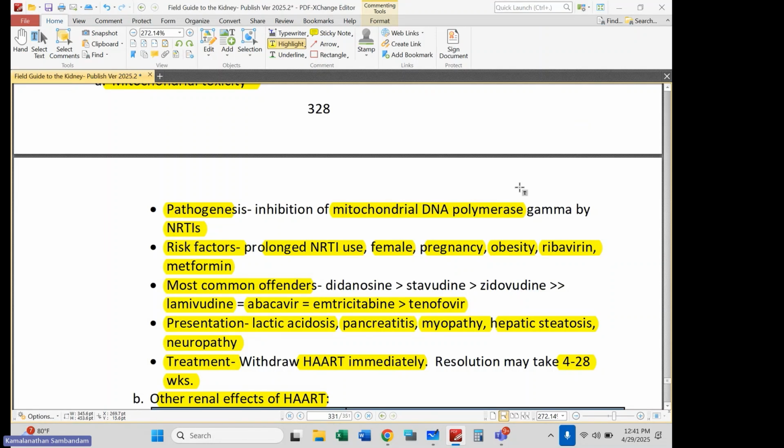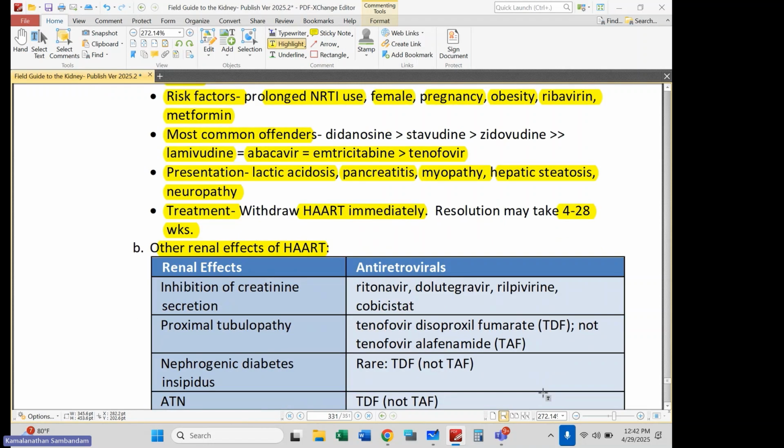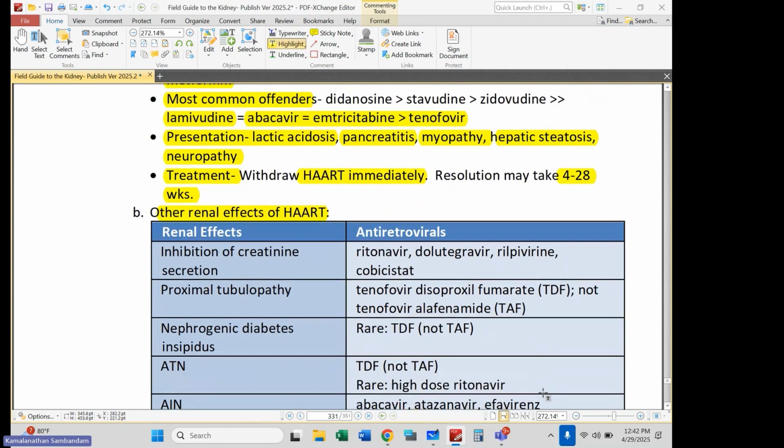And so just stopping the HAART therapy does not immediately restore normal mitochondrial DNA synthesis, which then requires transcription and translation into intact mitochondrial enzymes and proteins. So it stands to reason that it's not something that can resolve in a matter of just hours or days.